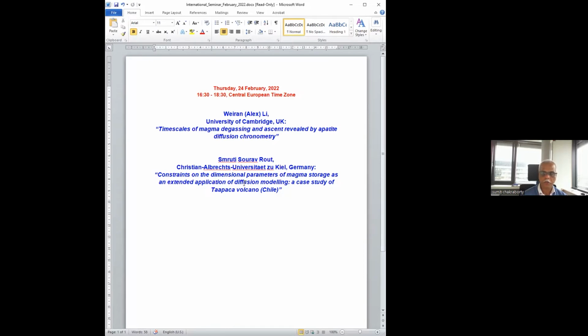Alex will be talking about timescales of magma degassing and ascent revealed by apatite diffusion chronometry. She's been working on different aspects of it for quite some time, so we look forward to hearing those results. And Smruti will talk about constraints on the dimensional parameters of magma storage as an extended application of diffusion modeling, a case study from Taapaca volcano in Chile. And I'll talk more about that when I introduce Smruti.